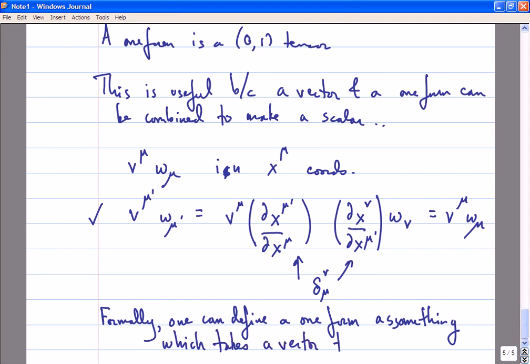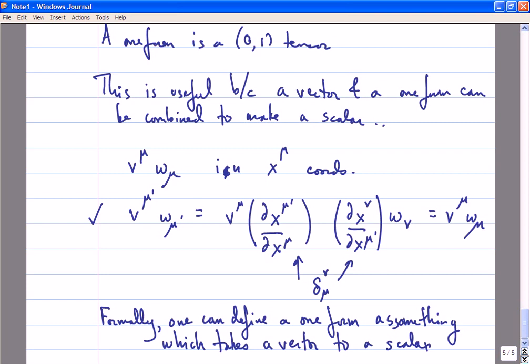Formally speaking, a mathematician would define a one form as a linear map that takes vectors to scalars. Now, that's a lovely formal definition. It gives little intuition for what a one form actually is. So I've presented, I think, a slightly more physical way of thinking about one forms.